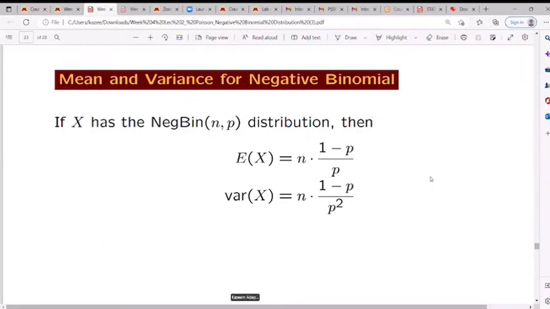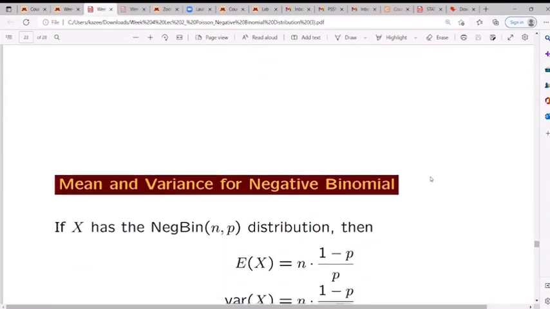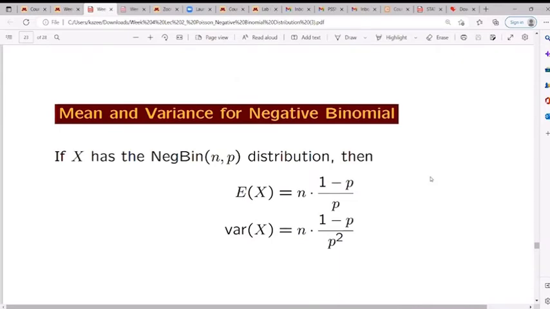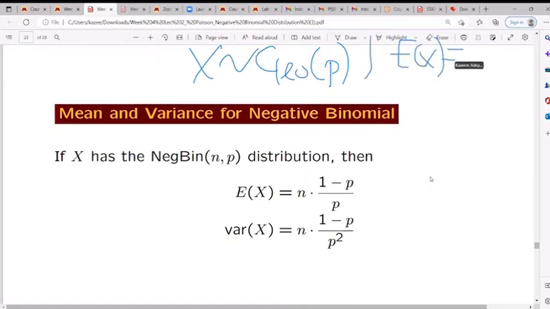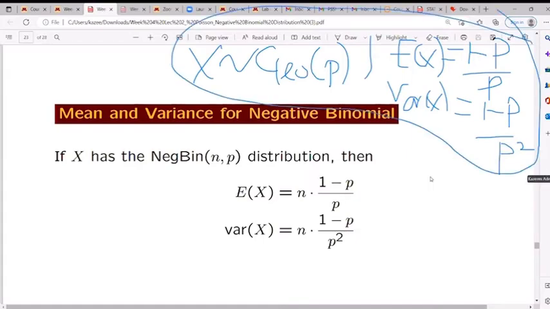For the geometric distribution, I derived that when a random variable X follows the geometric distribution, the expected value of X is (1 minus p) over p, and the variance of X is (1 minus p) over p squared. You already know that from the geometric distribution.